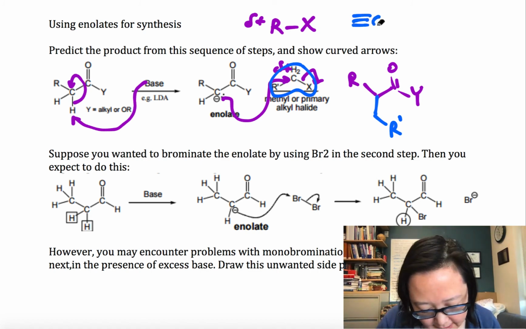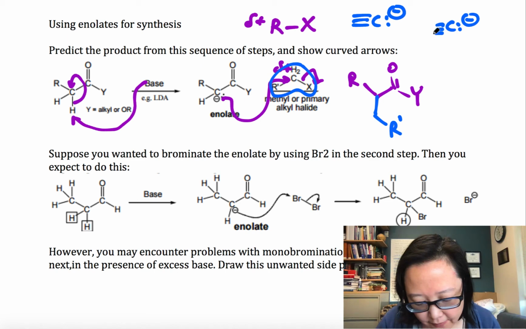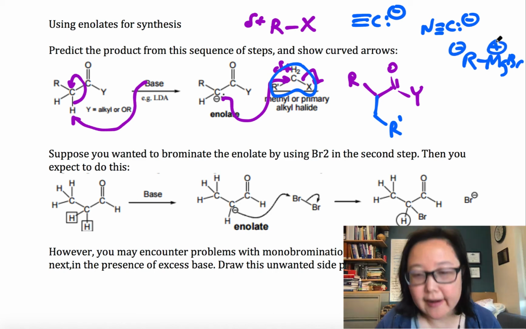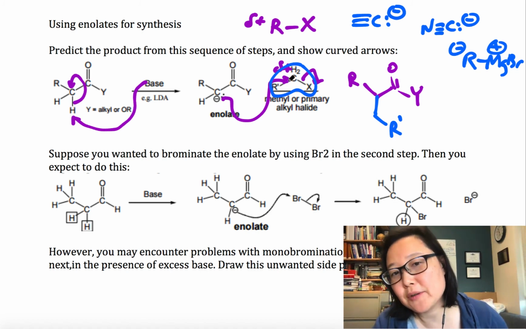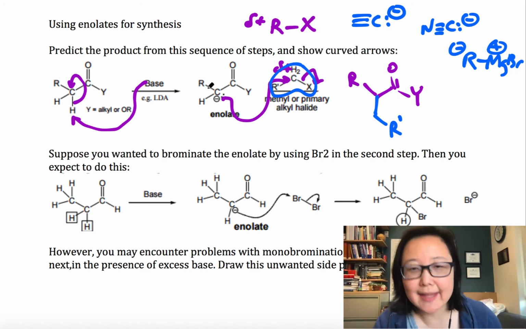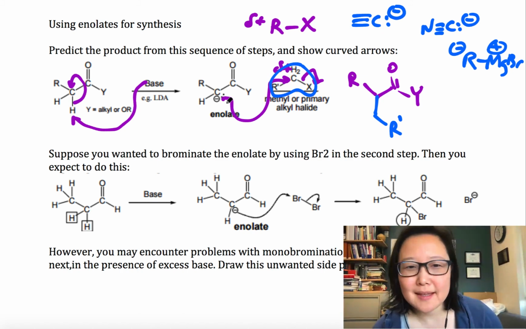The acetylide ion has been our carbon nucleophile in the past, as well as cyanide, and of course our Grignard reaction, another kind of nucleophile. These are all things we've used before as nucleophiles. Now we're going to add the enolate to our list of carbon nucleophiles.